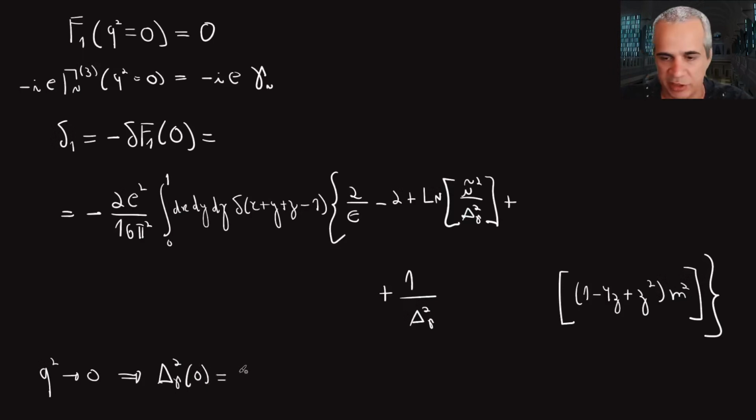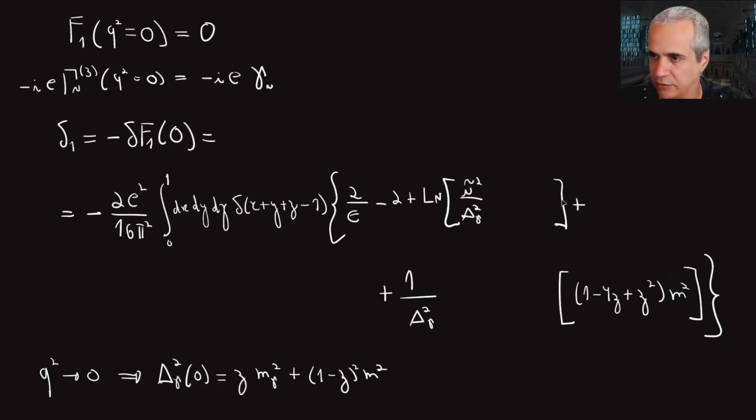And becomes just z m gamma square plus 1 minus z square m square, right? So I can use that here. z m gamma square plus 1 minus z square m square, right?